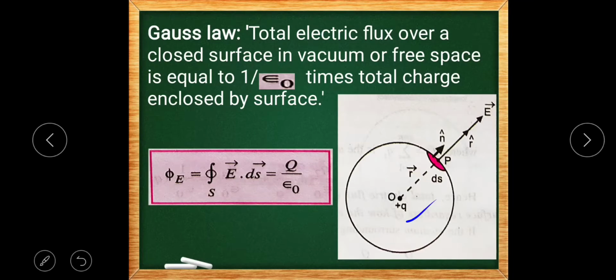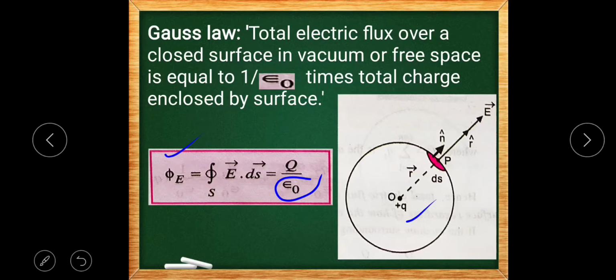According to the statement, we can write the electric flux through the closed surface, phi e, as 1 by epsilon naught times the total charge enclosed by the surface, that is, phi e equals q divided by epsilon naught.